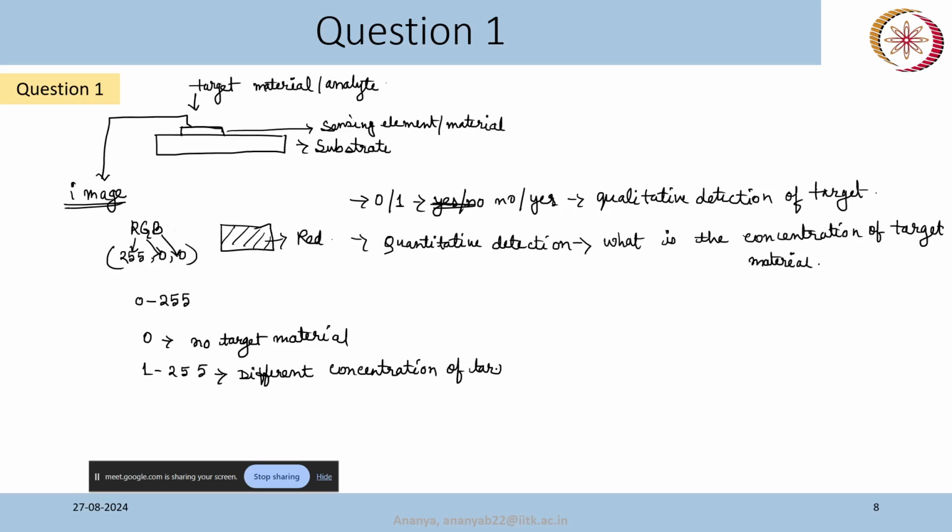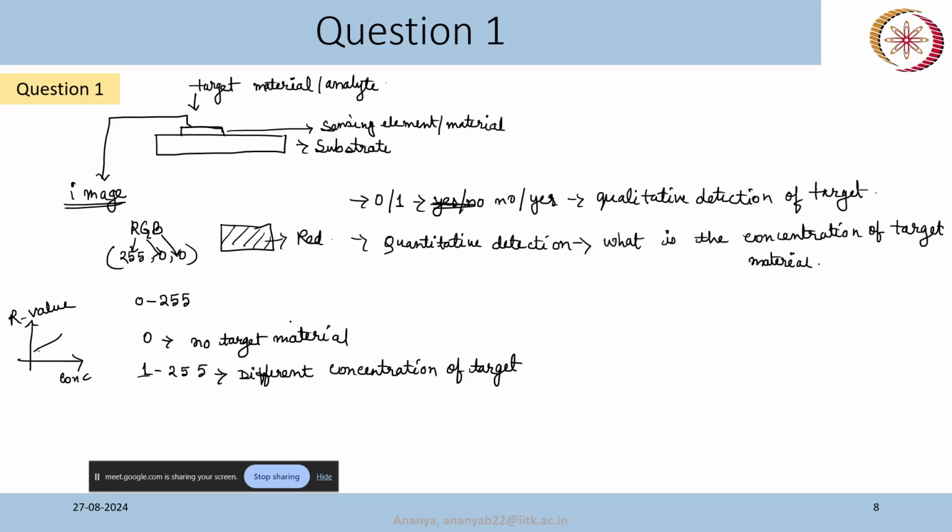Now you can first calibrate your sensor using known concentrations against the RGB value, so that you get this calibration curve. This is your concentration and this is your R value for this RGB component, and that will give you a graph, the calibration curve.